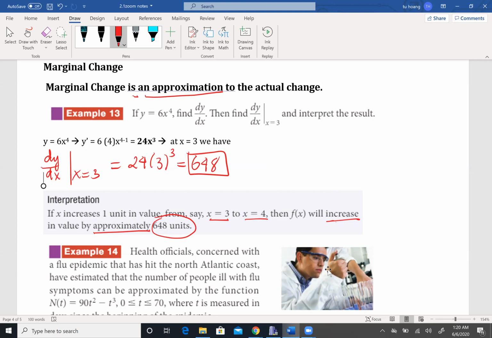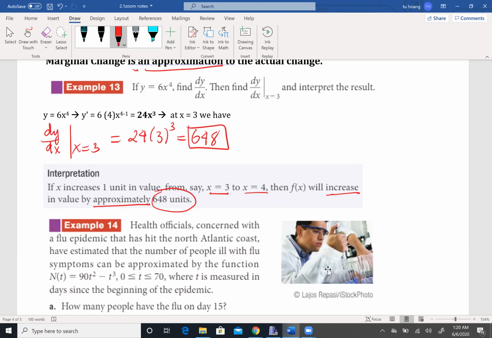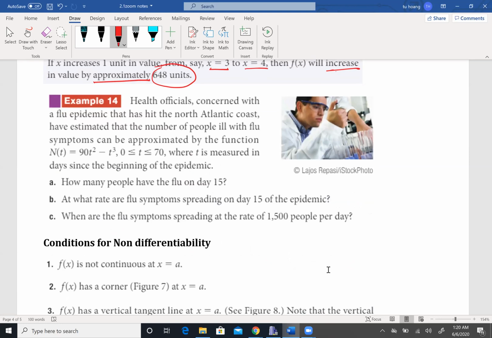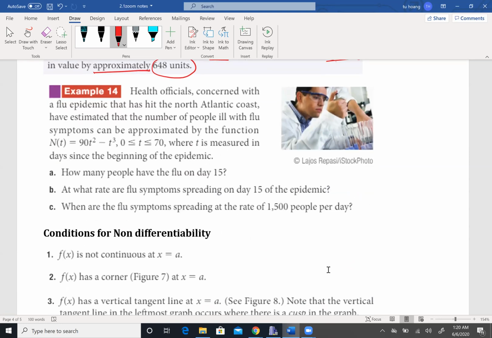Okay, so now let me come to example 14 here. Health officers concerned with a flu epidemic that has hit the North Atlantic coast have estimated that the number of people ill with flu symptoms can be approximated by a function.